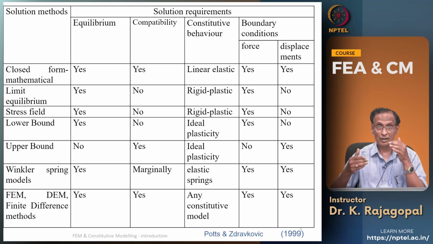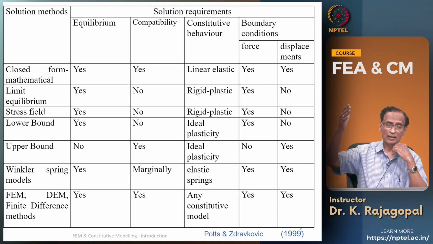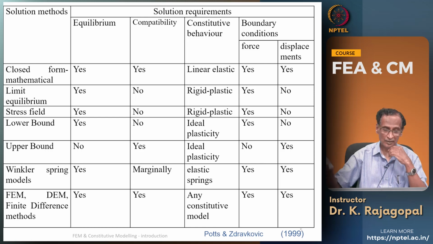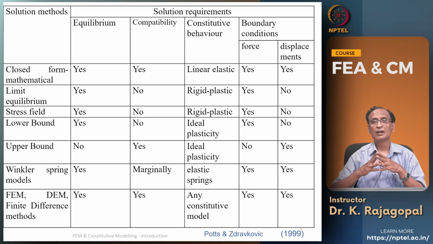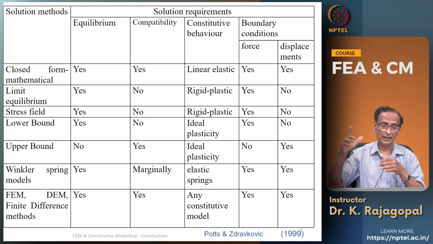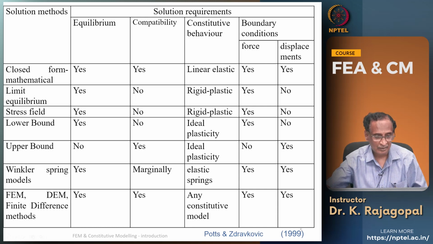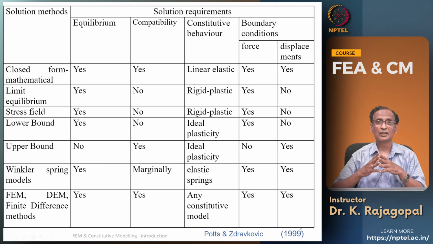The constitutive model for soil typically will have one modulus for loading, and for unloading we may have some other modulus, and for reloading we may have yet another modulus. Or if you apply static loading, we will have one modulus, or if you apply cyclic loading, you may have some other modulus. All these things we should be able to take care of with these advanced numerical methods.